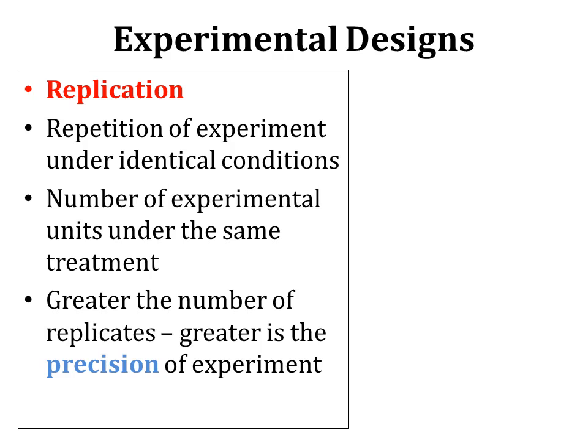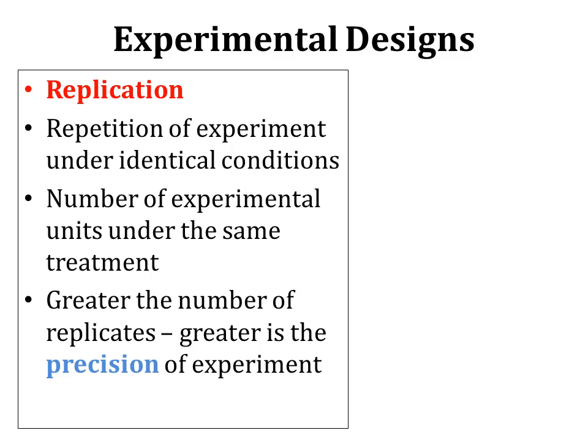No, that is not going to be a sufficient response, because there are other factors that could affect the growth of the plant. So you need a larger number of sample units receiving a specific treatment. You replicate your treatment on a number of sampling units so that you can increase the precision of your experiment.